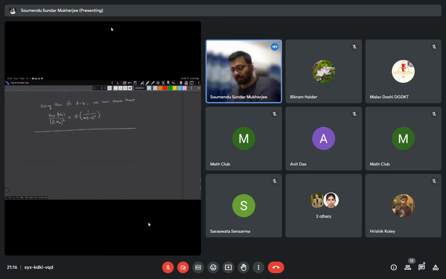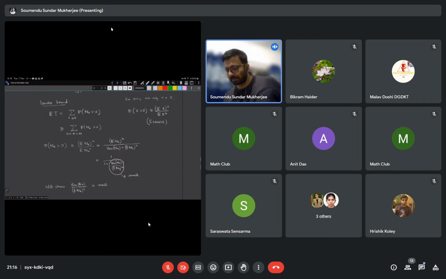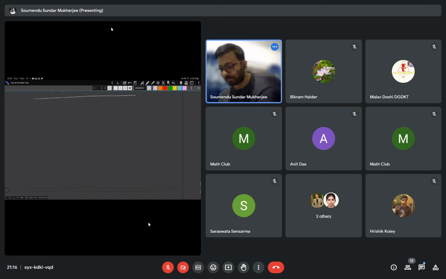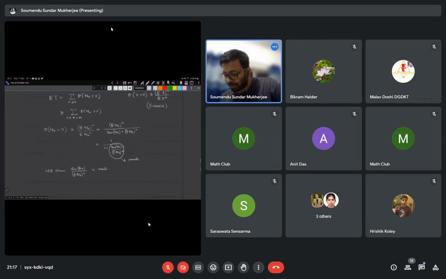So what I'll do is a further simplification. You see, these nk are sort of a decreasing run of variables. nk is the number of supercoupons that you have not collected by time k. So of course, nk plus 1 will be less than or equal to nk. In the next round, you are probably going to collect one of the uncollected ones, so it can only decrease. So therefore, this sum, here we had this approximation.